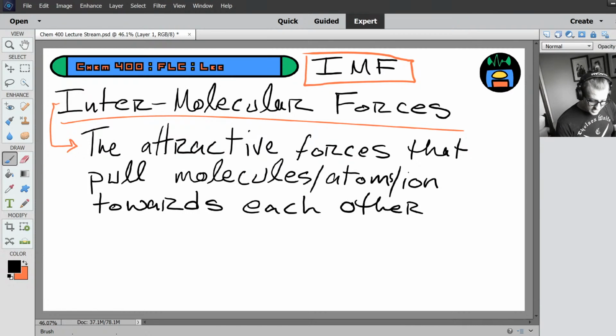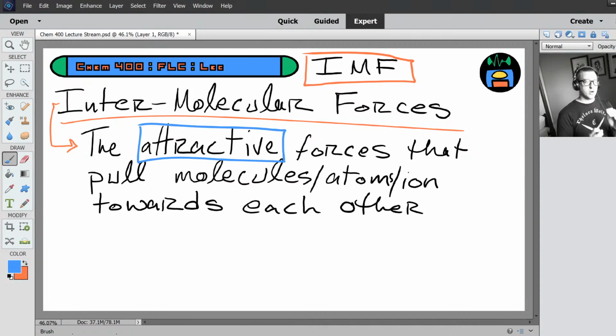And really, the key word here is attraction. These are the forces that determine, for example, what compounds are soluble in other compounds. If two molecules are attracted to each other, then one will dissolve the other, right?